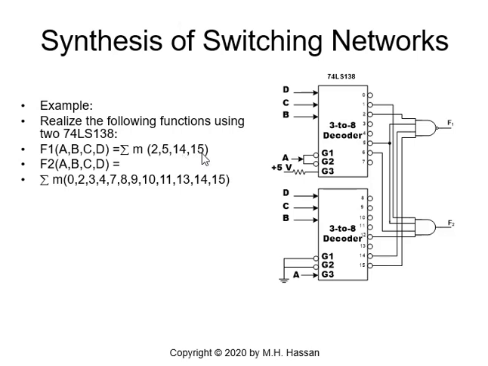And this is what we see: we took the outputs to generate M2 prime, M5 prime, M14 prime, and M15 prime and took them all to this 4-input NAND gate, and this will generate F1.